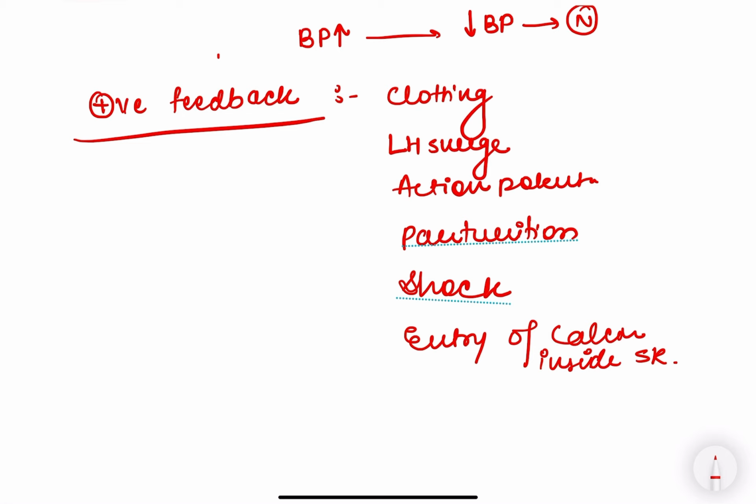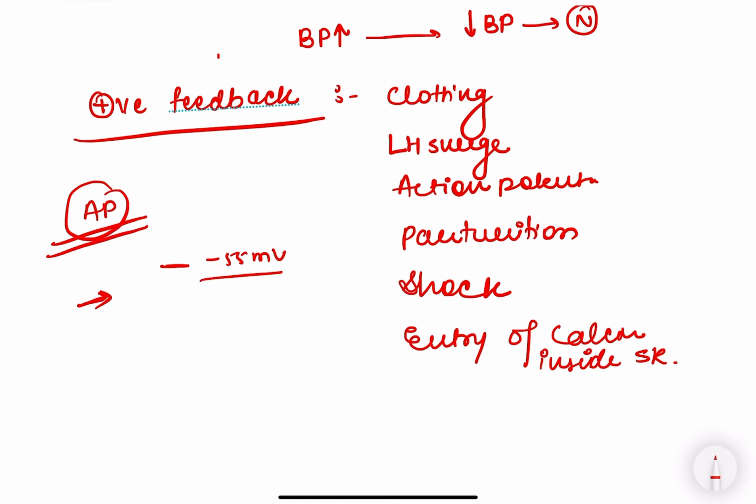Now, what is positive feedback? Let's see it. In action potential, initially only some voltage gated sodium channels open, and when the threshold level is reached, that is minus 55 millivolt, the firing level, then all the sodium gated channels open and there is a fast influx of sodium.